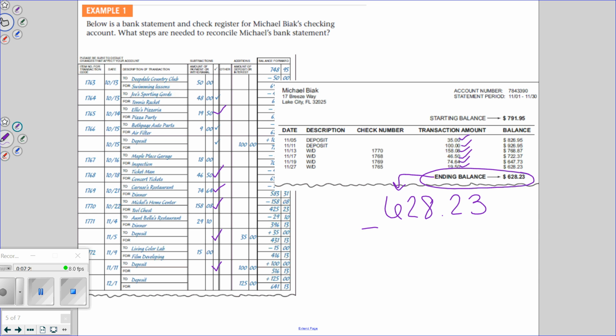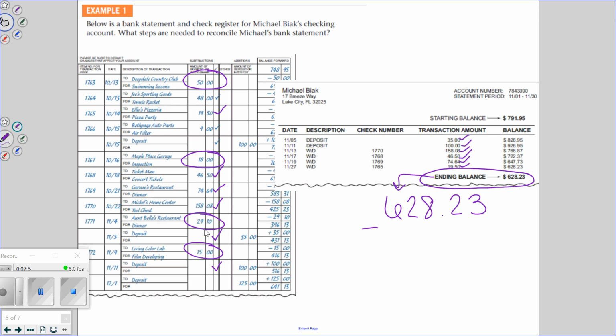You're going to subtract any outstanding withdrawals. So go through your withdrawals. Which ones were not checked off? There's a 50 that's not checked. There's an 18 that's not checked. And a 29.10 that's not checked off. And a 15. So you can see all the ones I did not check off.